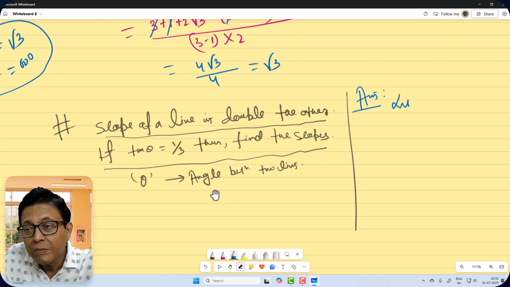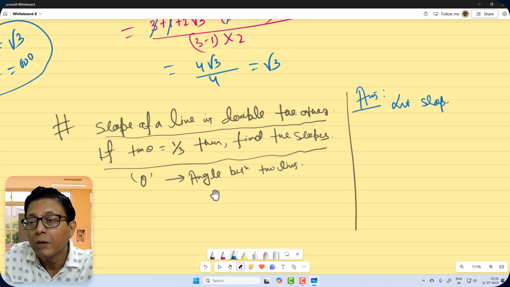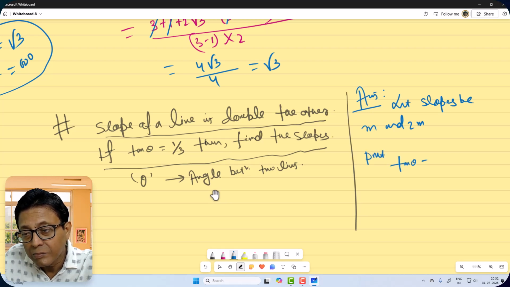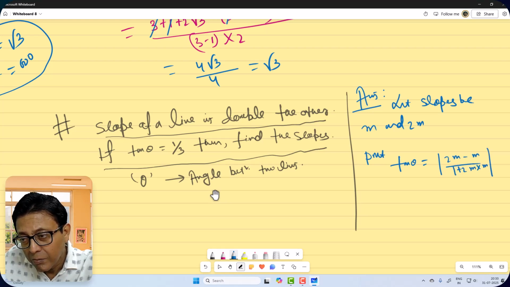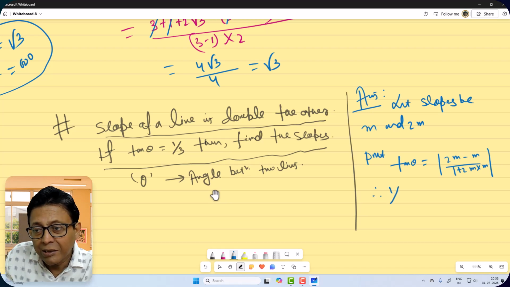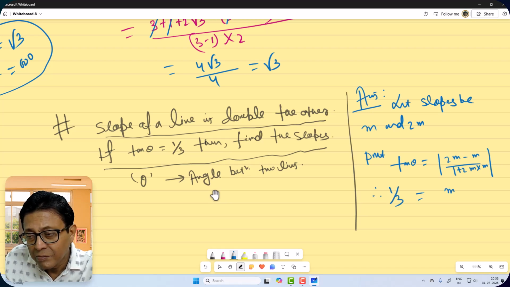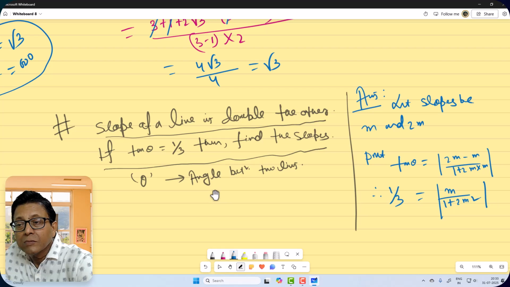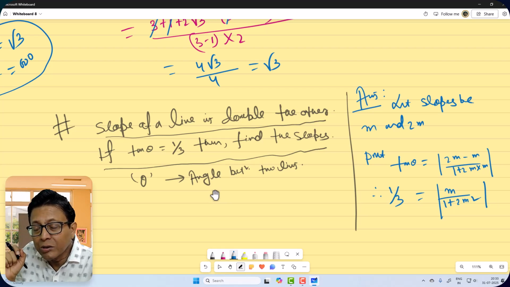Let slopes be M and 2M. Put tan theta as 1/3: M by 1 plus 2M square. Clear? Hope you have understood.